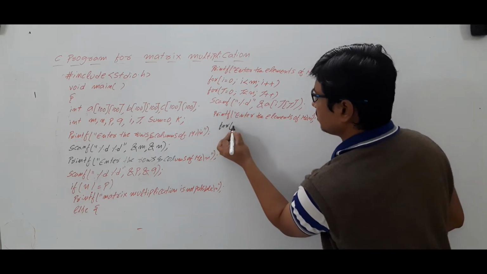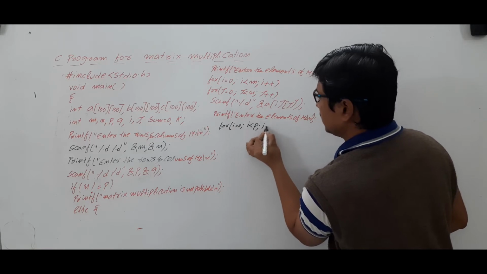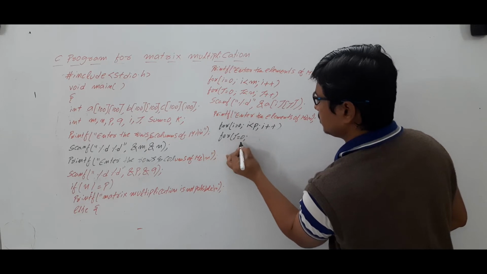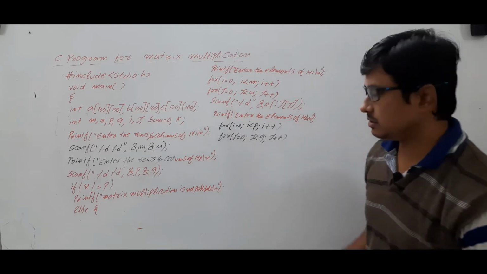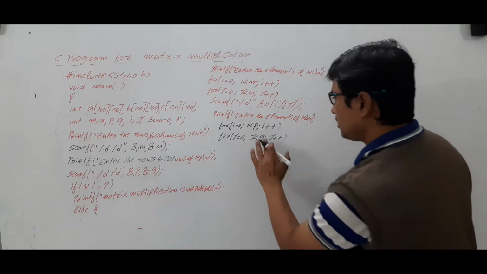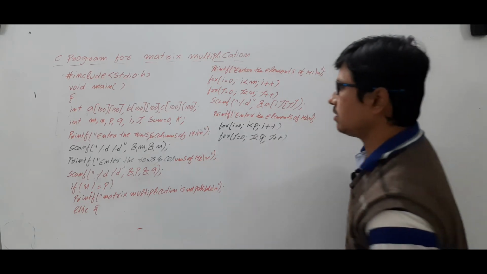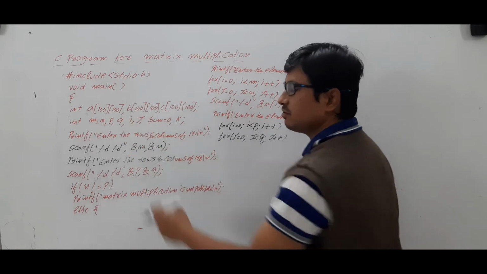Again, for i is equal to 0, i less than p, i plus plus. For j is equal to 0, j less than q, j plus plus. This is q, not 9. Are you able to understand it or not? Here also it is not 9, it is q. If it is a 9, it is an invalid variable.